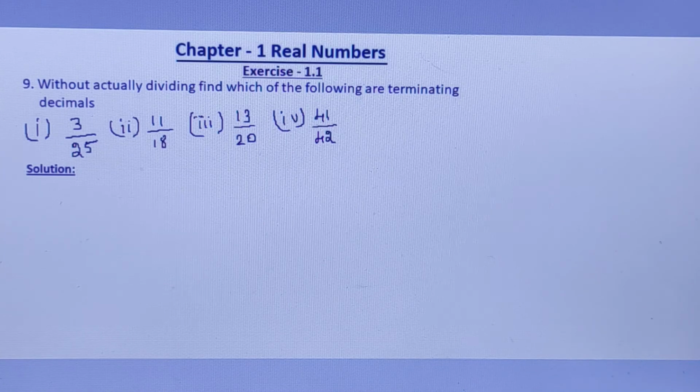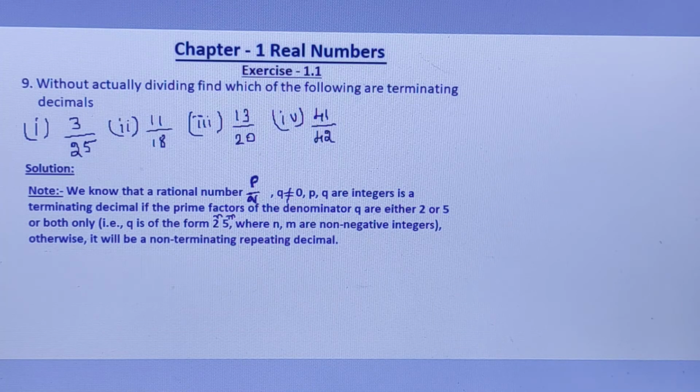Question 9. Without actually dividing, find which of the following are terminating decimals. Now let us revisit a point that we have already learnt earlier. Now what is that? A rational number p by q, where q is not equal to 0, p and q are integers, is a terminating decimal if the prime factors of the denominator q are either 2 or 5 or both only.